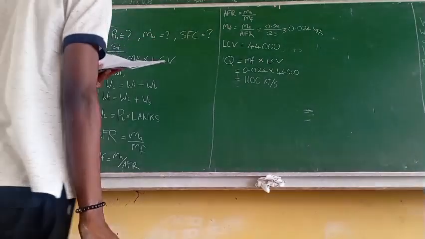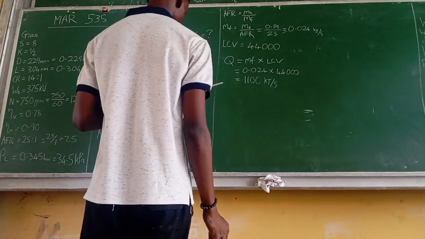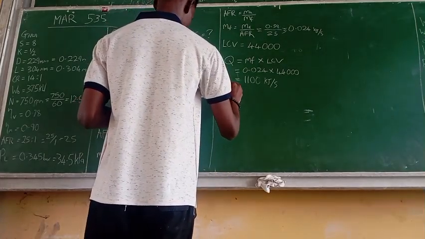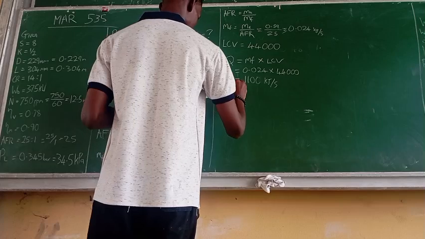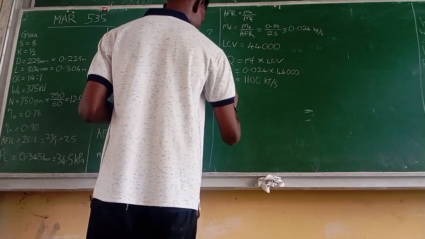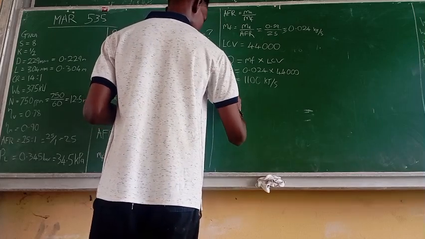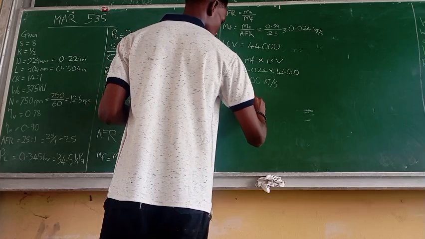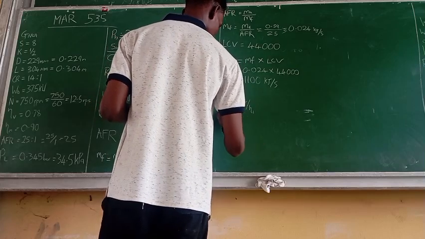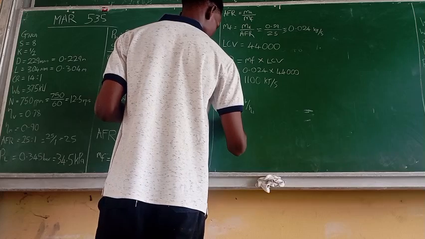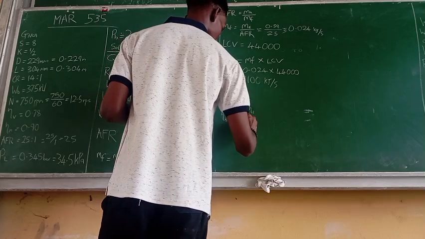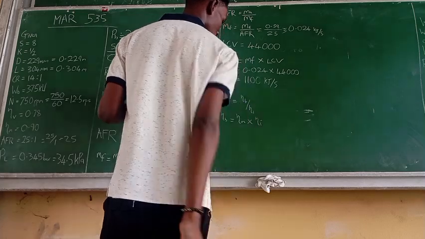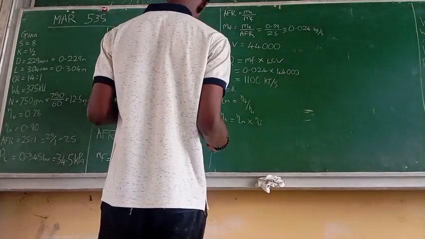Okay. The next thing we will do now is, let's say we call: mechanical efficiency is equal to brake thermal efficiency over indicated thermal efficiency, which makes our brake thermal efficiency equal to mechanical efficiency times our indicated thermal efficiency.